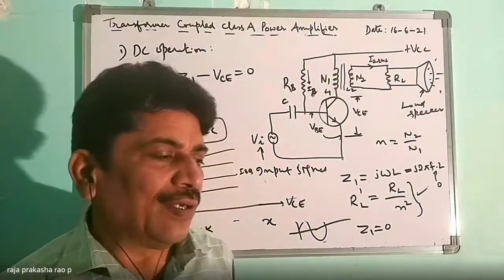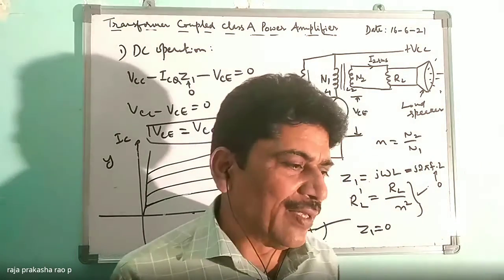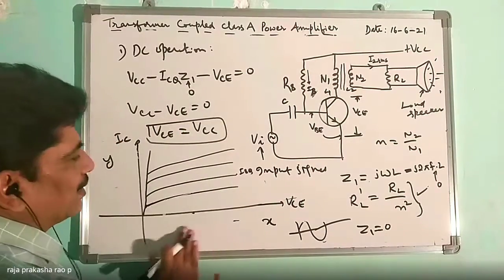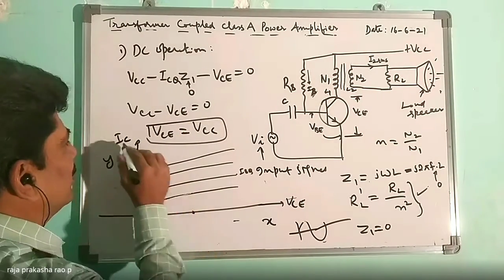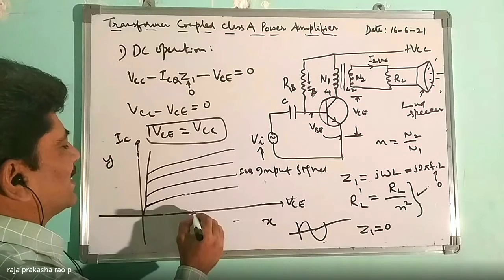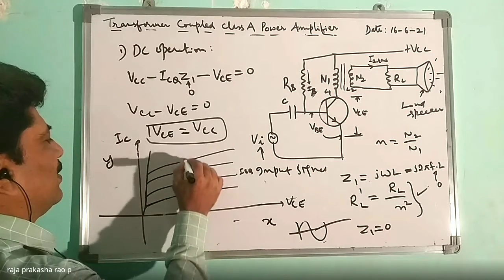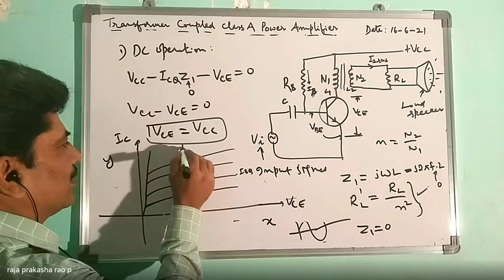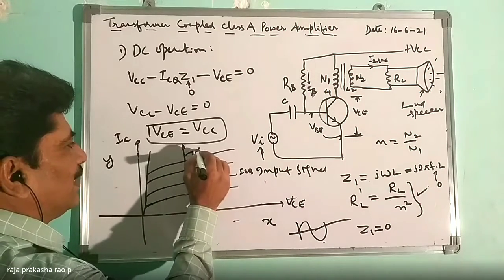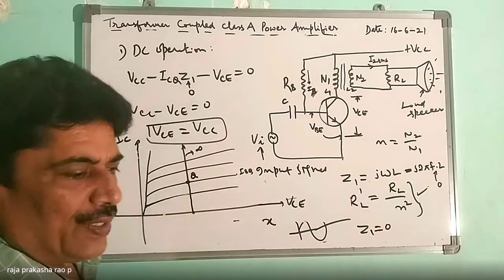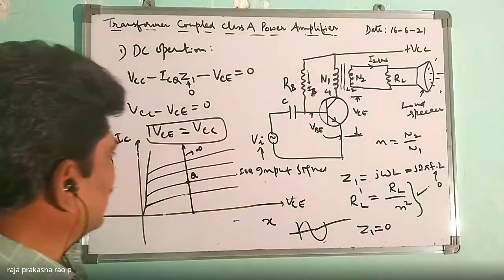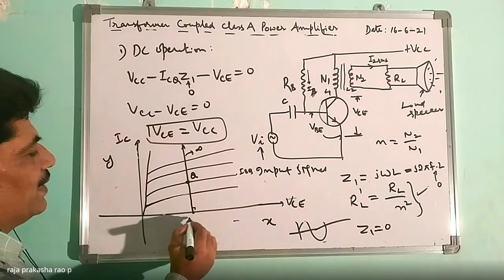And any line parallel to y-axis is x is equal to k. Okay. Here x is VCE. So VCE is equal to VCC. So it is a line parallel to y-axis. Then parallel to y-axis. And IB it is intersecting here. Q point is here. Okay. Here the slope is infinity. And slope is infinity, tan theta is equal to infinity means theta will be 90 degrees. Okay. So this is 90, VCC.